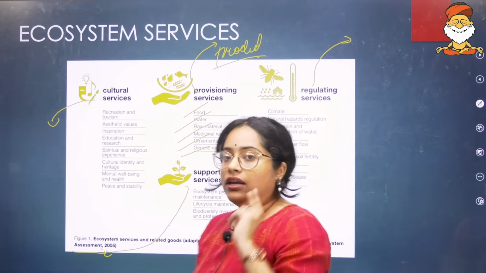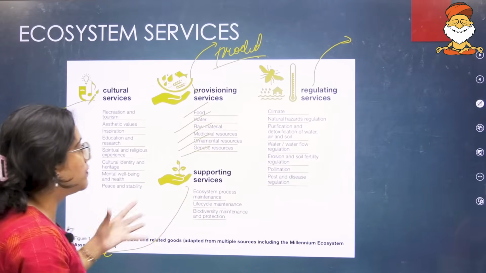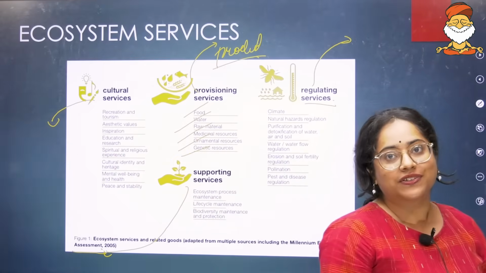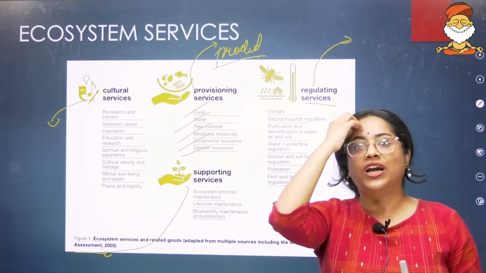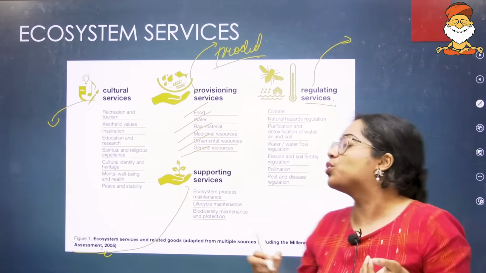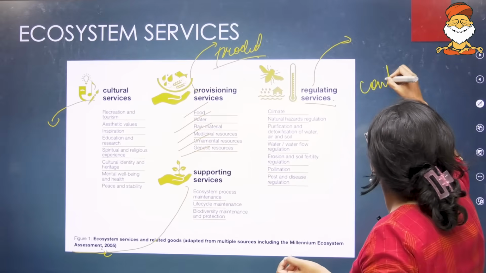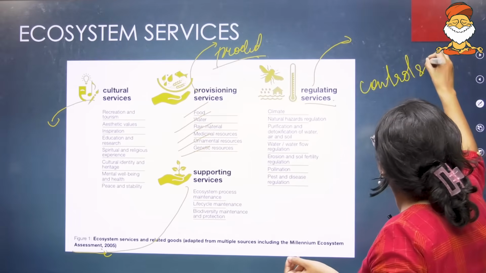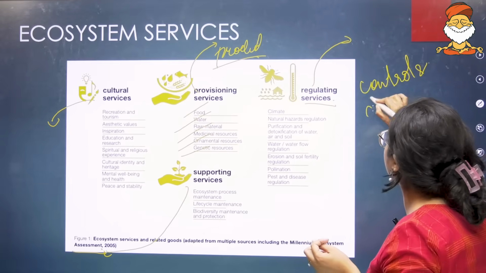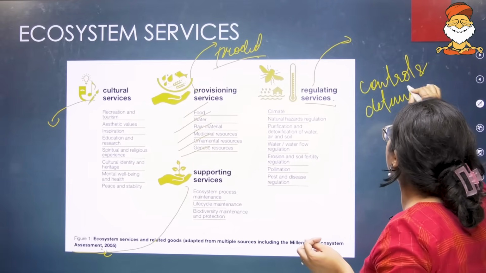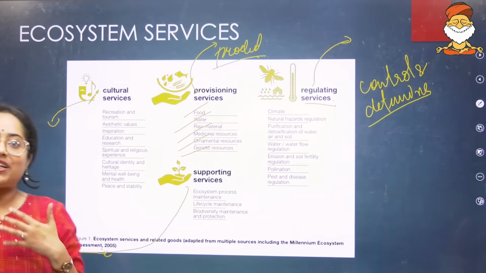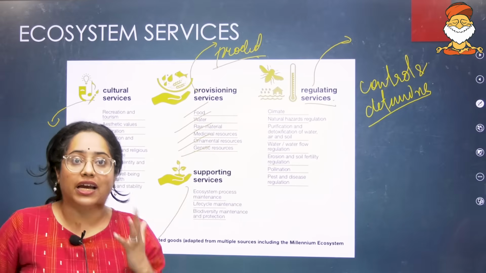Okay, then you have certain services called your regulating services. Regulating services means the ecosystem is doing a lot of activities and it is able to control and sometimes even fully determine the different kinds of features that we have.